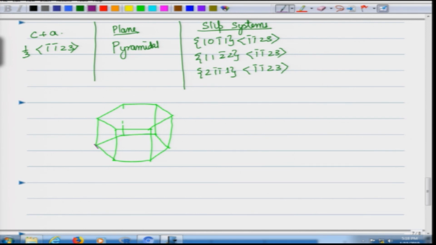So, this is the A direction, this is the C direction. So, C plus A direction is nothing but this one, and this is 1 by 3 bar 1 2 3, and where are the planes, we will see the planes right now.